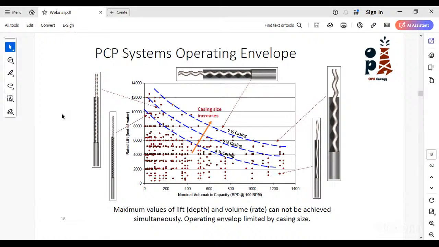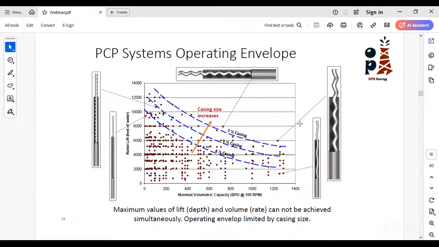What is the effect of casing pressure upon pump intake for the PCP? The casing pressure, of course, the pump intake is an equation combining the casing pressure plus the column above the pump.